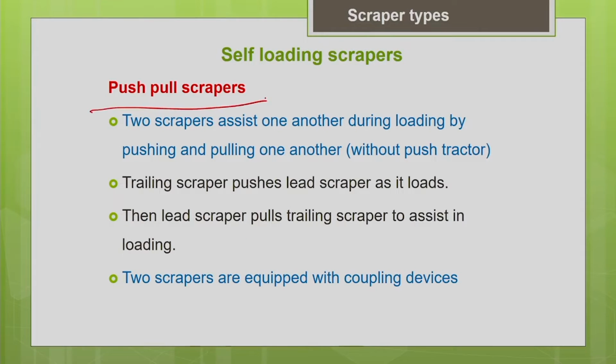Another type of self-loading scraper is the push-pull scraper. These machines do not take the help of another machine like a pusher. For example, the scrapers employed at a project site do teamwork. If there are two scrapers, one is in the leading position and the other in the trailing position.